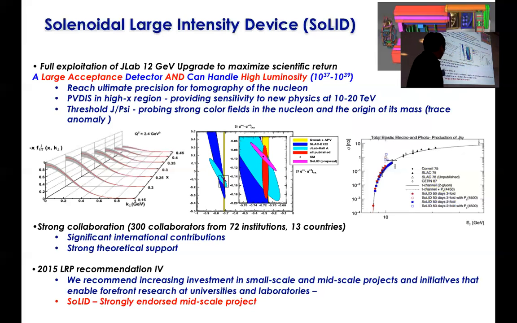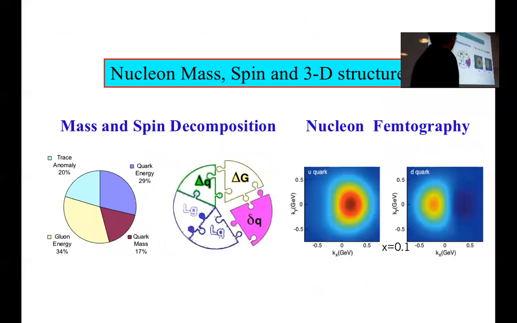It's a very strong collaboration with over 300 collaborators from 72 institutions in 13 countries. We expect significant international contributions. This has been strongly endorsed in the long-range plan. Okay, I'll talk about these physics topics.